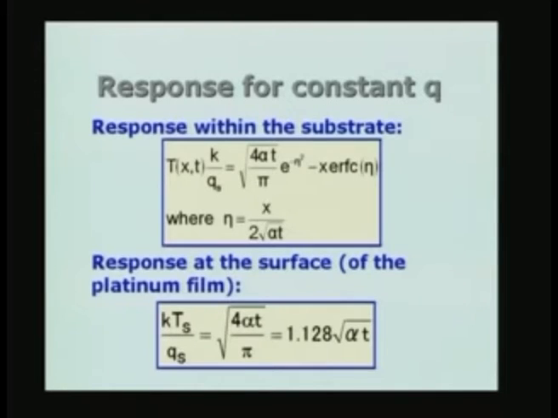It has got very little inertia and it will follow the temperature of the surface faithfully, and in fact the temperature of the surface follows a square root of time relationship. So, k Ts by Qs, if I put x equal to 0 in this equation, will give you square root of 4 alpha t by pi, and this can be written as 1.128 square root of alpha t. Alpha is the thermal diffusivity of the material of the substrate.